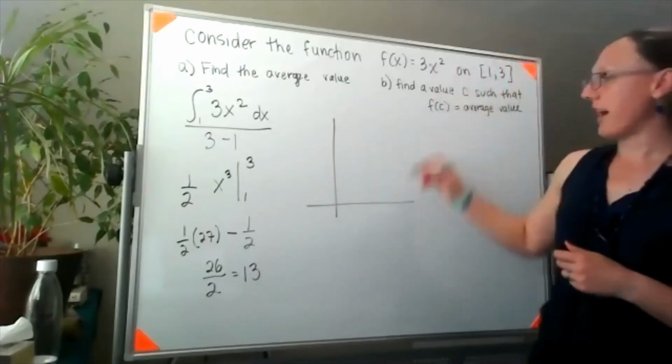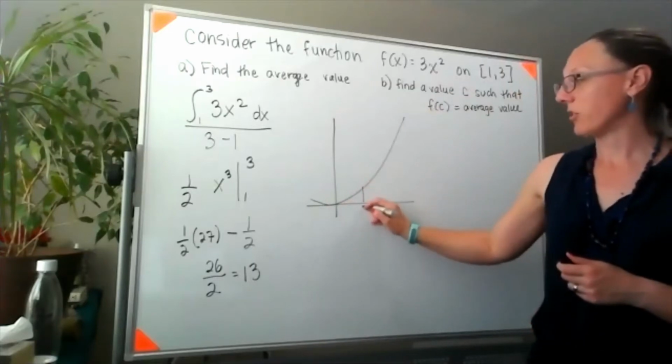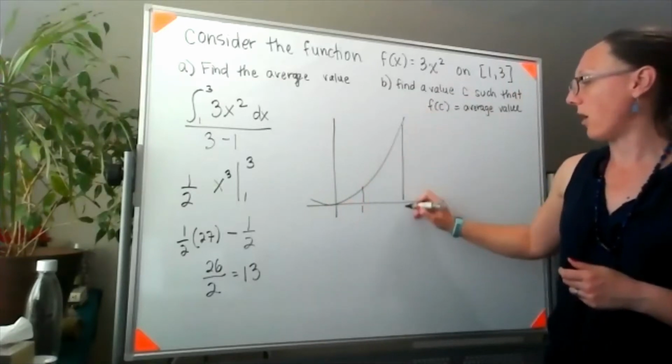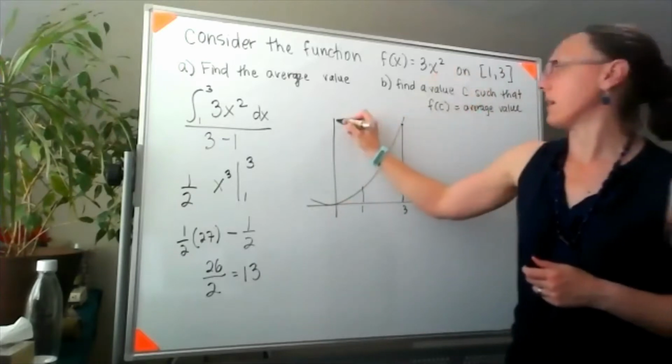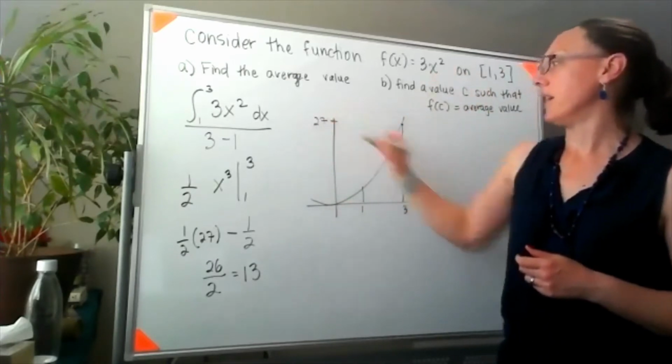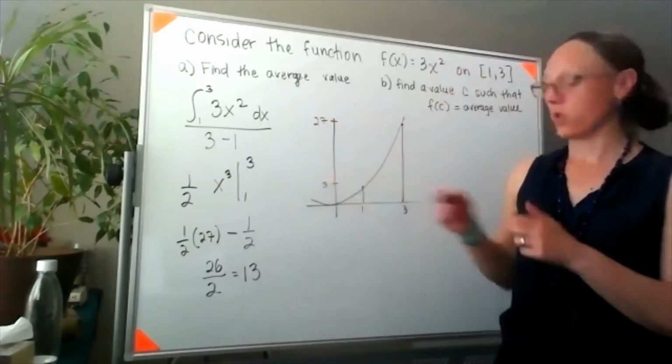Well, what that looks like graphically, if I sketched a graph of 3x squared, it does something like this. And we were looking at that interval from 1 to 3. And I know that the value at 3, that y value up here, is 27, and the y value at 1 is 3.